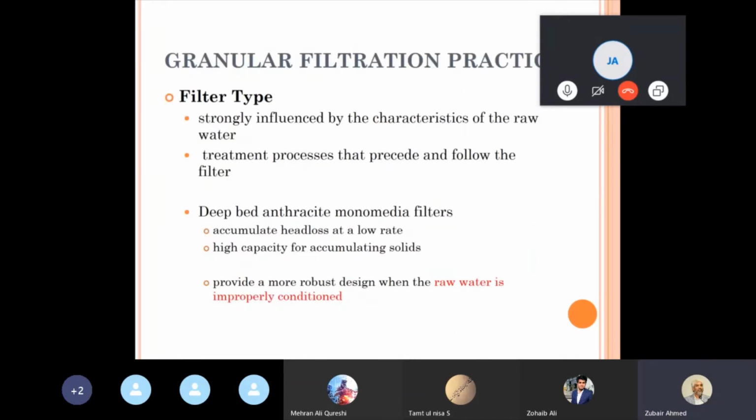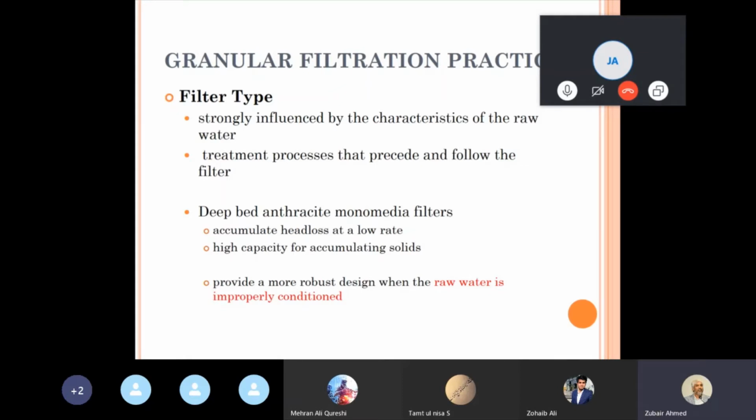Okay, let's talk about some practice of granular filtration media. We usually select the type of filter based on the influent water characteristics, what the raw water characteristics are, and what treatment steps we have taken already before the filtration.